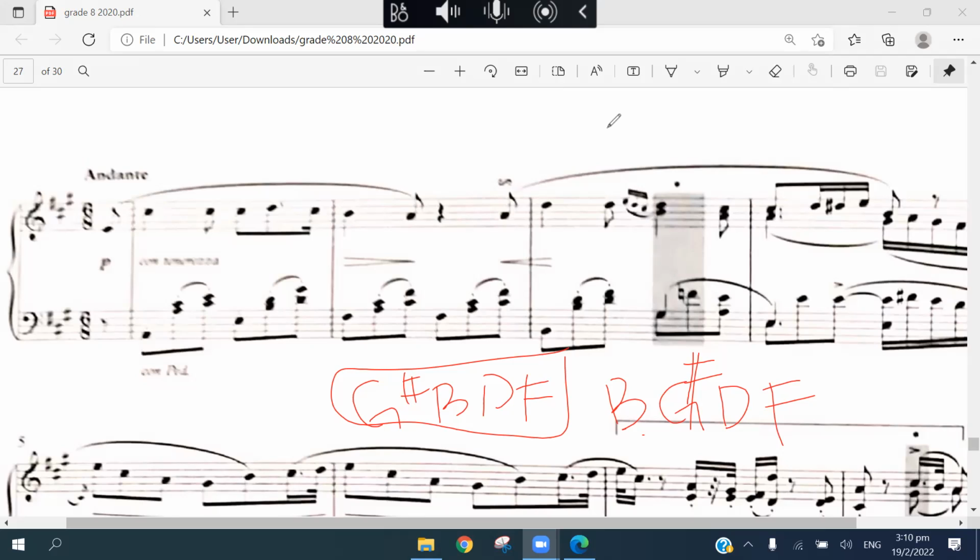In G major, the B is normal. Now the G goes to G sharp, so it's a minor third. Then B to D. In B major, the D is supposed to be D sharp. Now it becomes D, so it's a minor third. So minor third plus minor third plus another minor third. Do you know what that is already? Understand? So this answer is diminished seven.